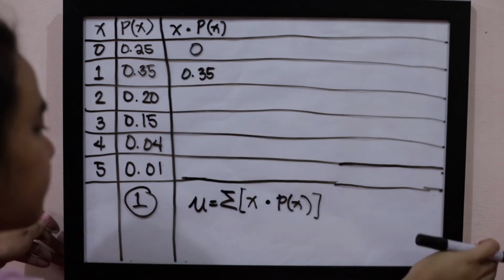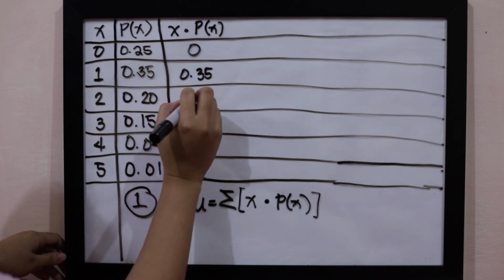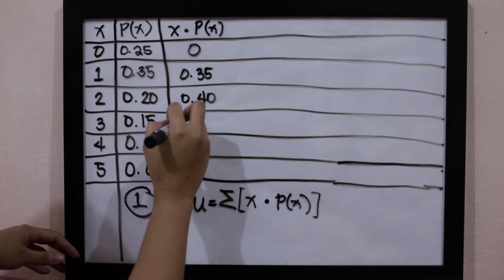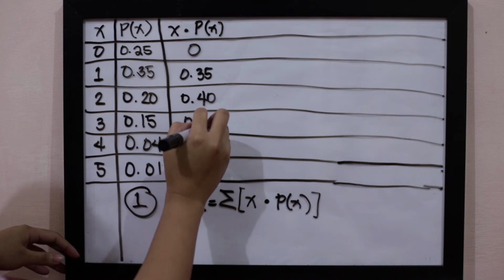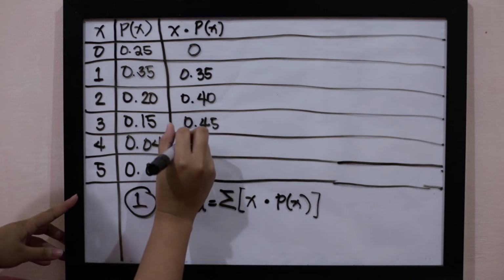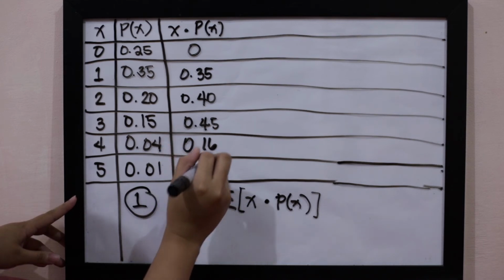And then, let me just fix this one. 2 multiplied by 0.20, the answer is 0.40 or 0.4. And then, 3 times 0.15, the answer is 0.45. And then, 4 times 0.04, the answer is 0.16. And for the last one, 5 multiplied by 0.01 is 0.05.